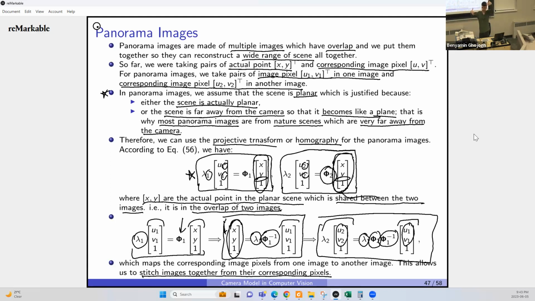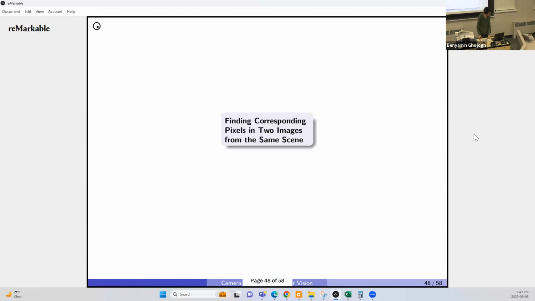So if I have 3 images, then I first stitch 2 of them, then this becomes 1 image, and with the other 1 image, I have 2 images again. So I stitch them 1 by 1.